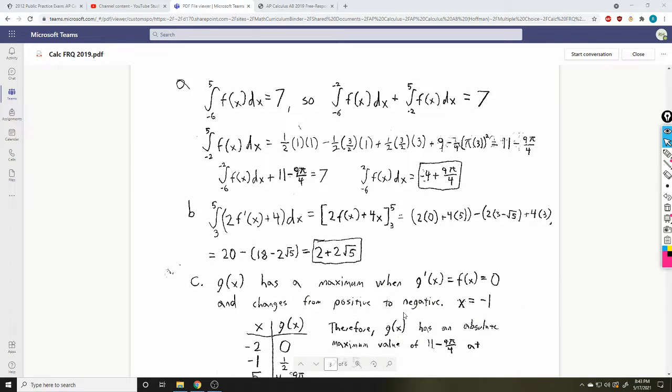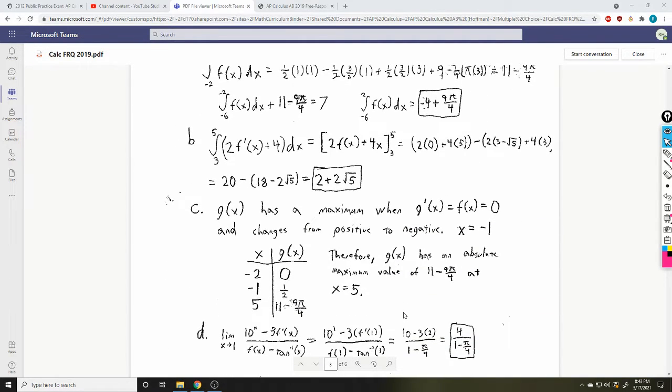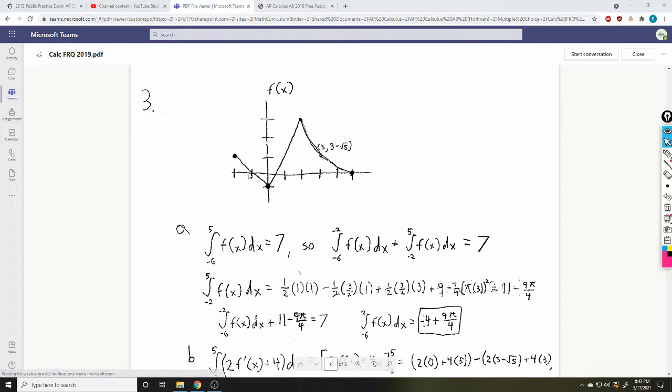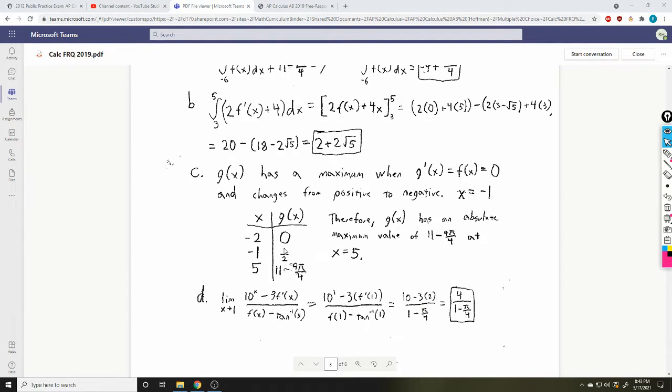G has a maximum when G prime, which is f, is 0 and changes from positive to negative. As I pointed out, that happens if I look up here at -1. -1 is when this function changes from positive to negative. So we compare our endpoints, which are actually, now that we've gotten down to part C, this gets easier, because -1 is the only place I need to look.